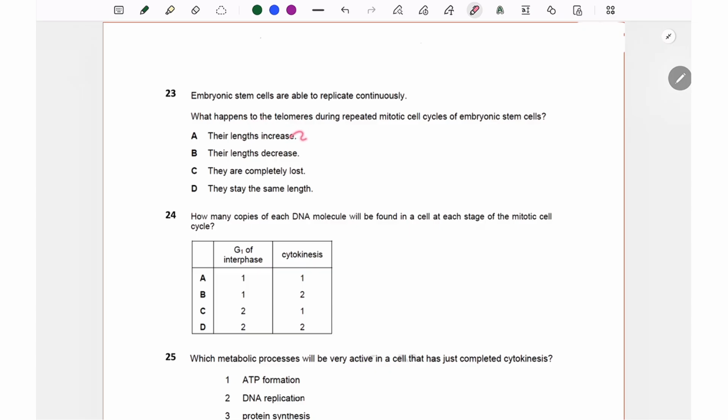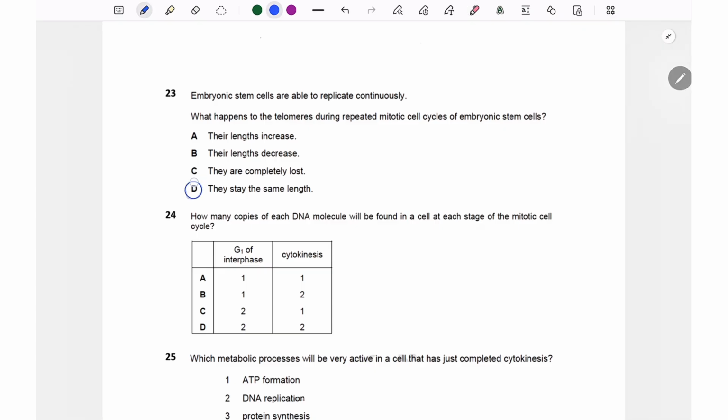So what happens to the telomeres during repeated mitotic cell cycles of embryonic stem cells? Similar to the case of cancer cells, the length is going to stay the same because they have that enzyme. The case where the length decreases happens in cells that lack the telomerase enzyme.